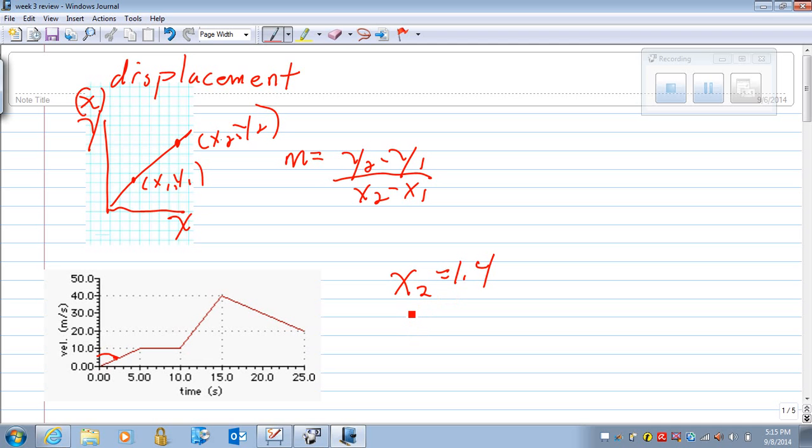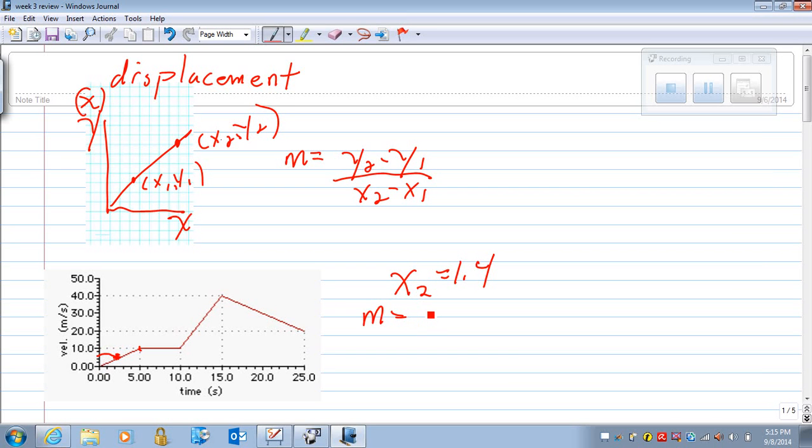What's important to realize is the slope at 1.4 is the same as the slope at 5. So at 5 we can see that y is exactly 10. So it would be much better to get that slope by saying that we have 2 points, 5, 10, and 0, 0.